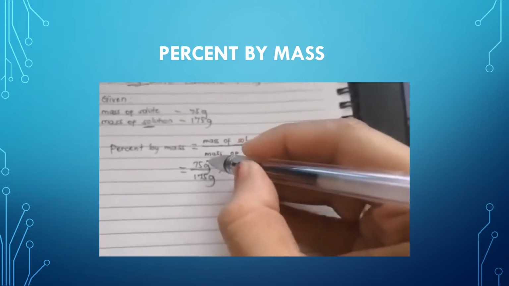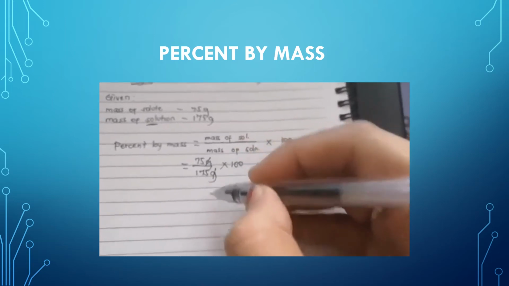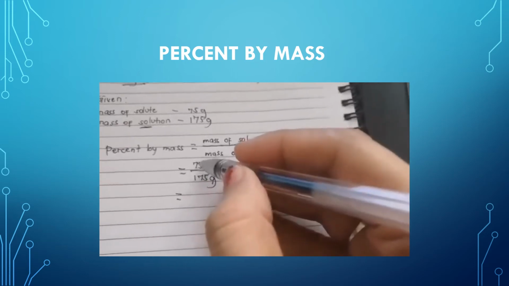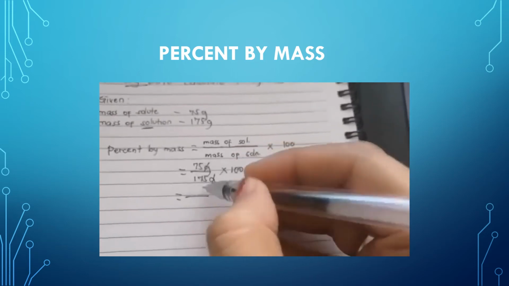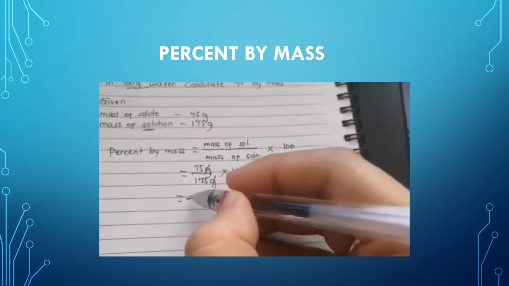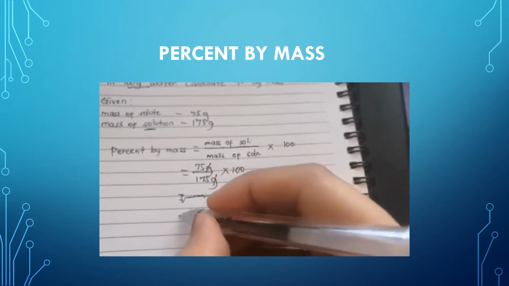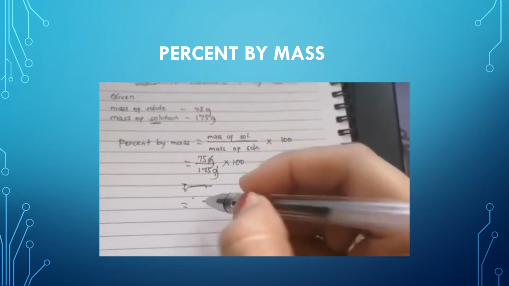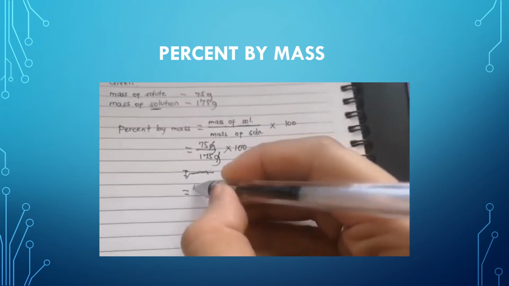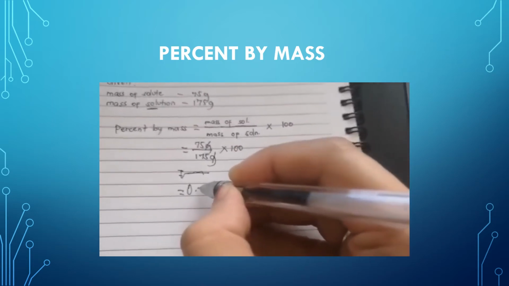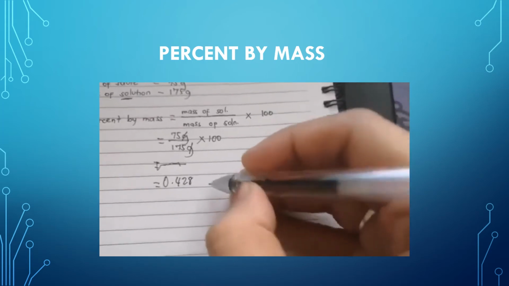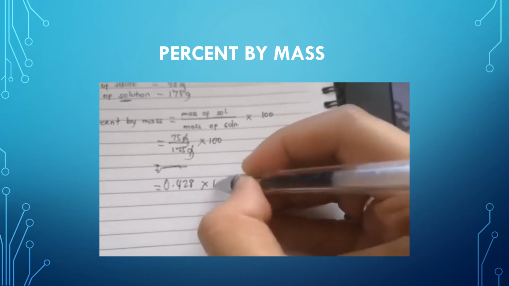So, cancel the unit. Then first, you need to divide 75 by 175. The total of that is 0.428 or 0.43. Then, times 100.